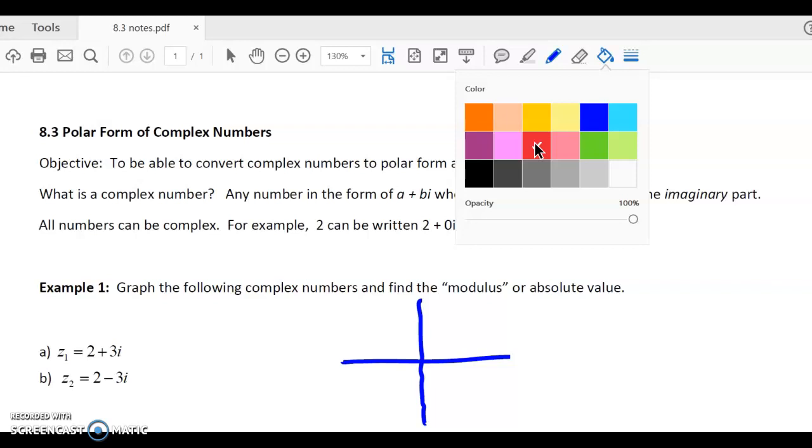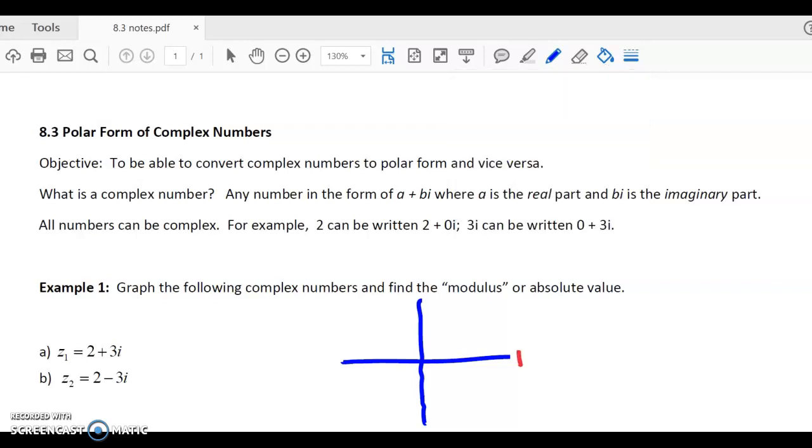So Z1 is your point. When we're graphing complex numbers, we have the real axis and we have the imaginary axis. So when we graph the point, we want to go over 2 units and up 3. So 2 plus 3i would be located in the first quadrant.